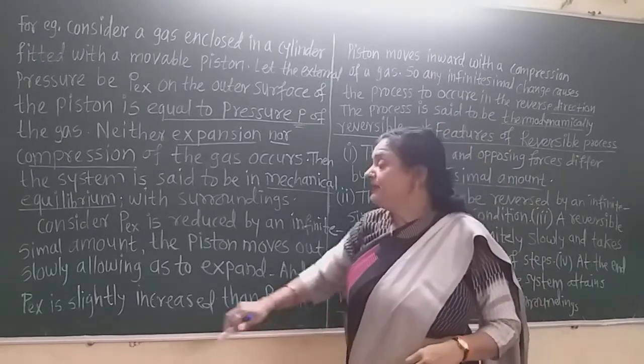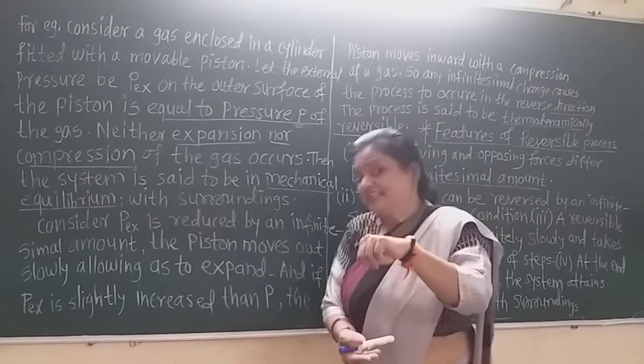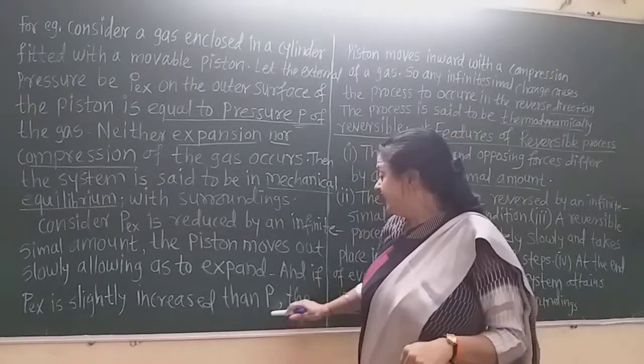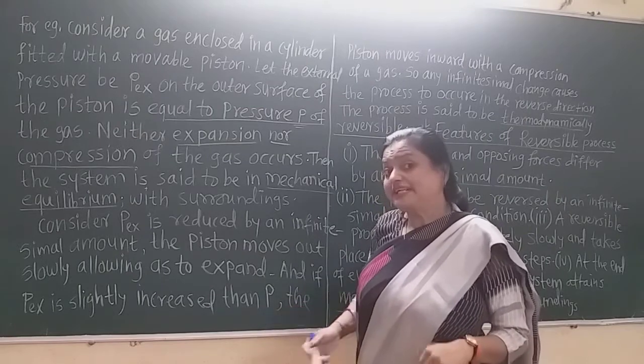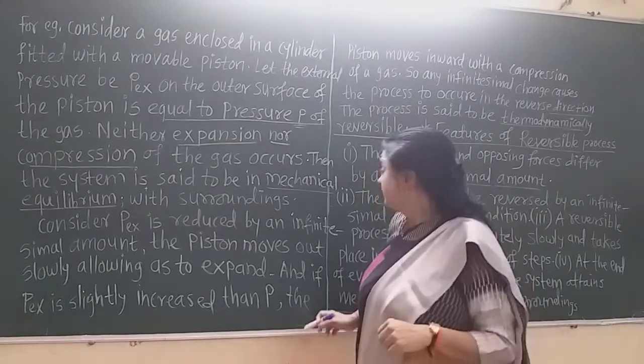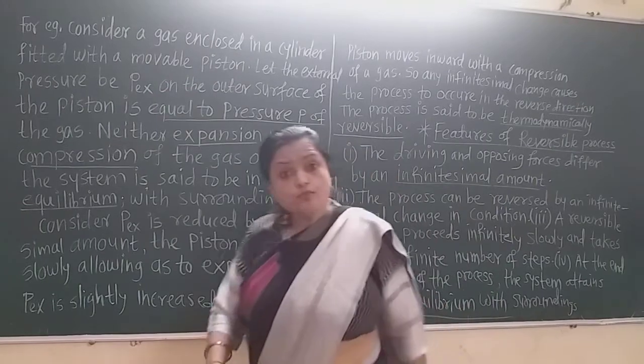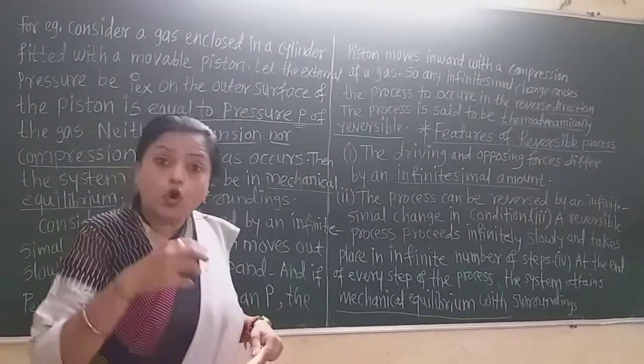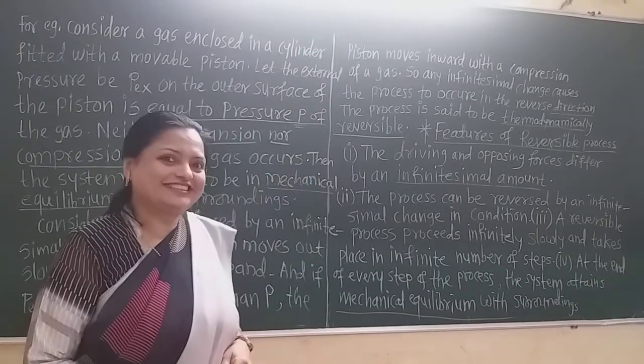And if P external is slightly increased, that is, if the pressure on the piston is slightly increased above the pressure P of the gas in the cylinder, then the piston moves inward, compressing the gas.